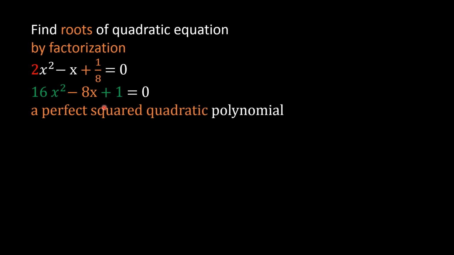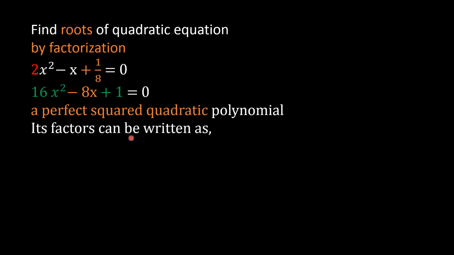This is a perfect squared quadratic polynomial because there are three terms. The first term is a perfect square quantity and the third term is also a perfect squared quantity.